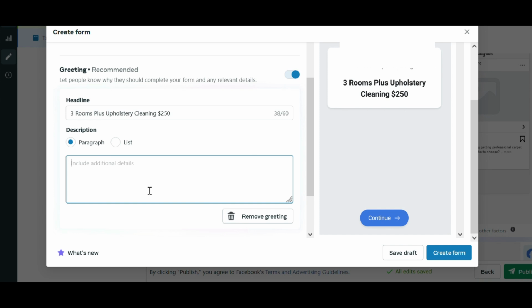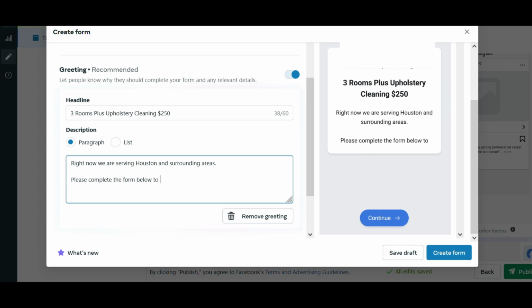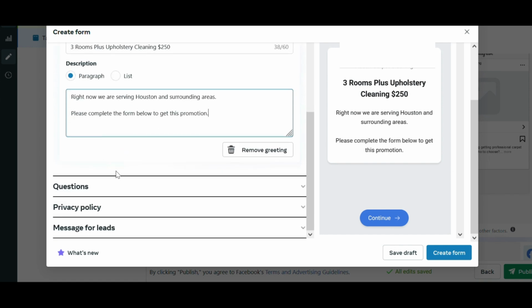We're in Houston, so we'll say, let's say right now we are serving Houston and surrounding areas. Please click below to get this promotion. So someone is going to complete this form so they can get the promotion. They want to get their carpets and upholstery clean.